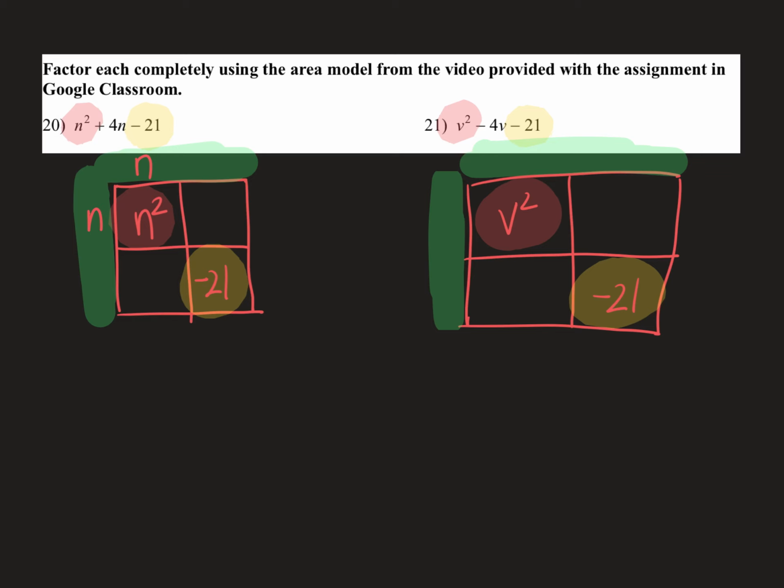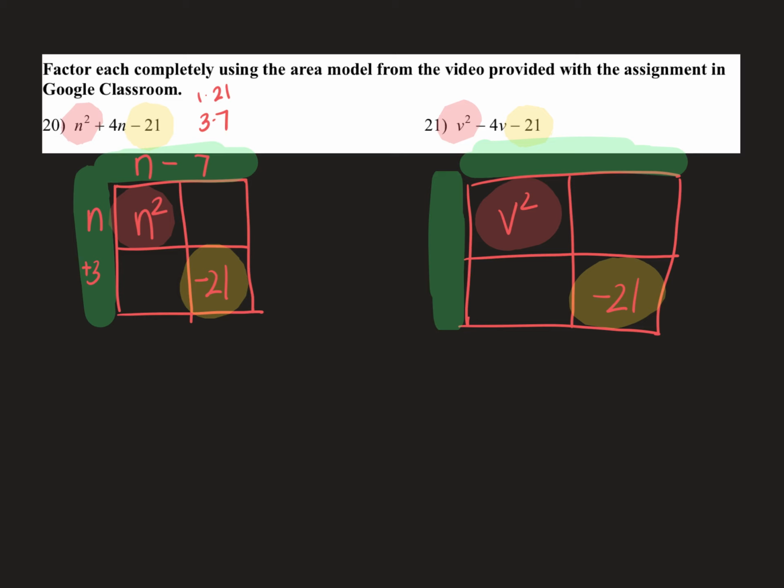Now I need to multiply to get negative 21. Well, there's several ways I can multiply to get negative 21. To multiply to get positive 21 is 1 times 21 and 3 times 7. But to get negative 21, I need one of them to be negative, so I'm going to put negative 7 and positive 3 and see if that will work.